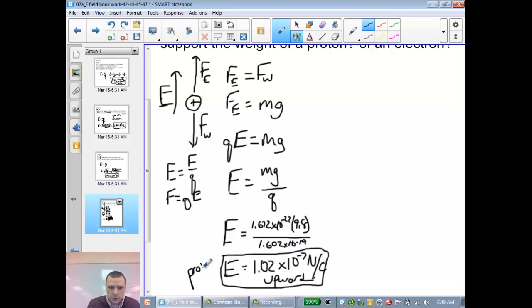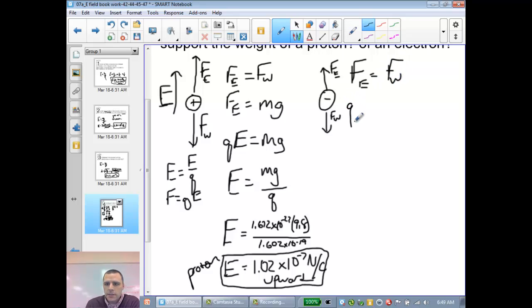This is for the proton. For the electron, we're going to follow the same idea. You have the weight of the electron and the electric force. The electric force has to equal its weight. That's Q times E, which equals mg.